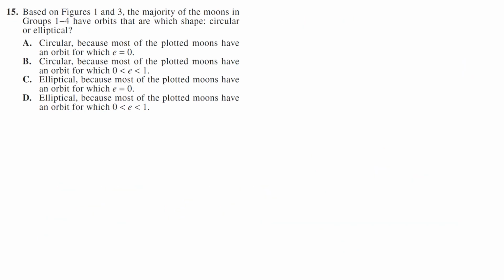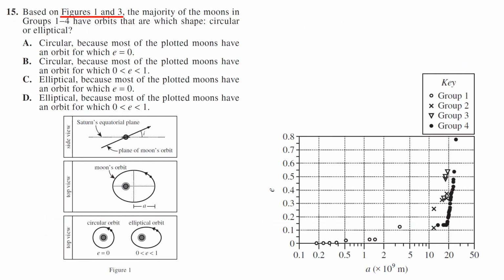Number 15, based on figures 1 and 3, the majority of the moons in groups 1 to 4, so we're looking at all the moons, have orbits that are which shape, circular or elliptical. We see that in figure 1, and it says if E equals 0, it's a circular orbit. If E is greater than 0 but less than 1, it's an elliptical orbit.